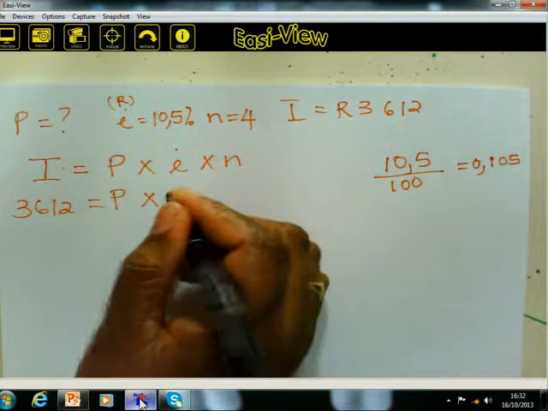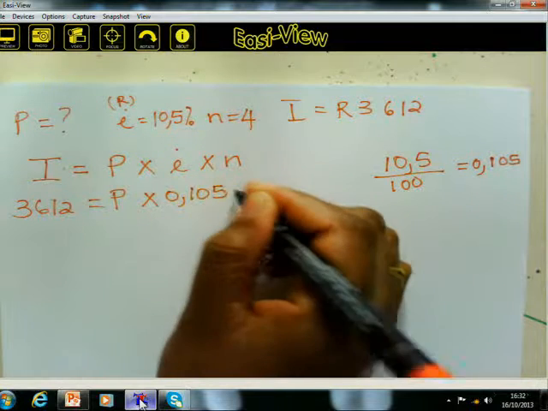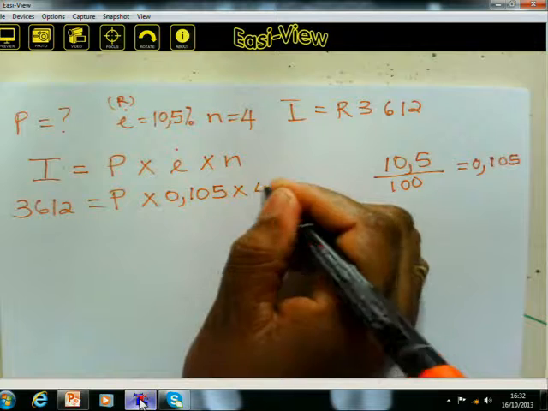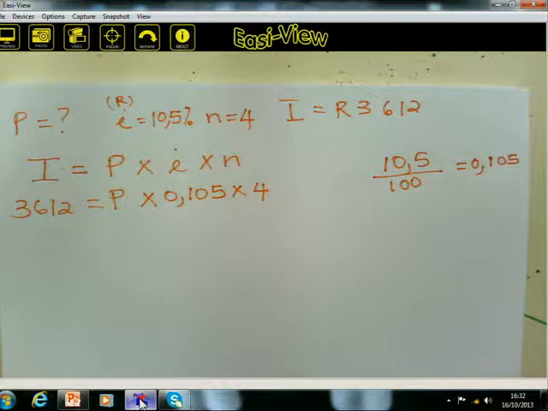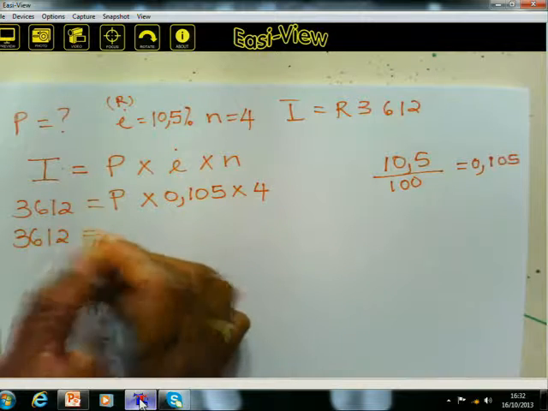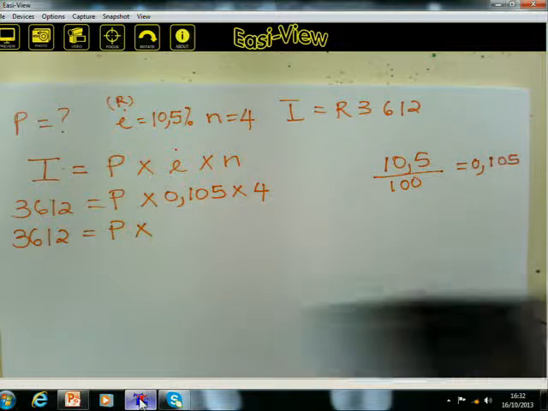And then we put it there, and we multiply it with n, which is 4. So now let's see, we have 3,612 is equal to P multiplied by, and let's multiply the numbers.